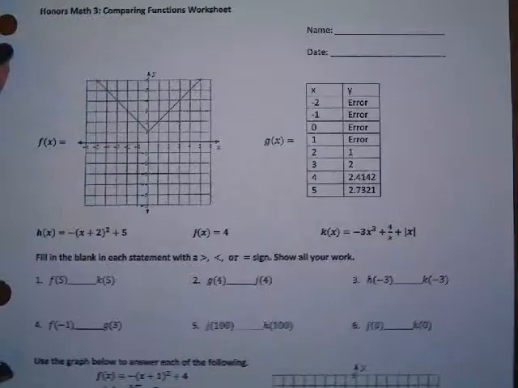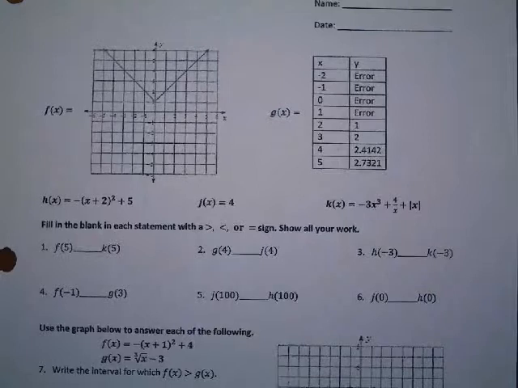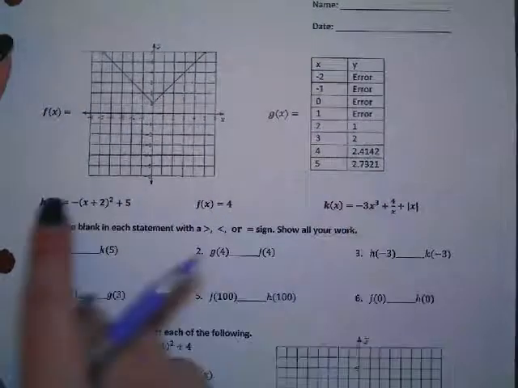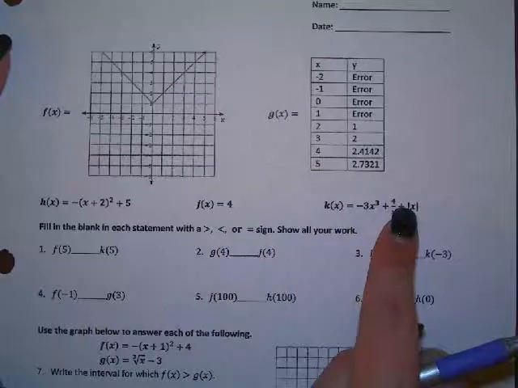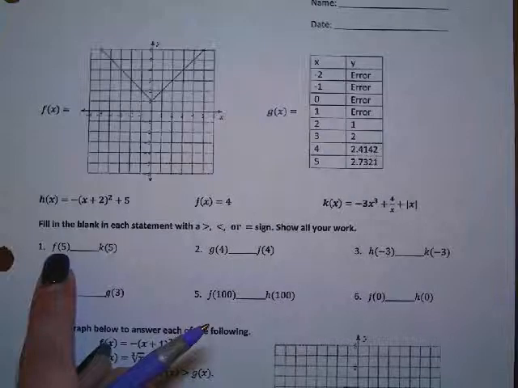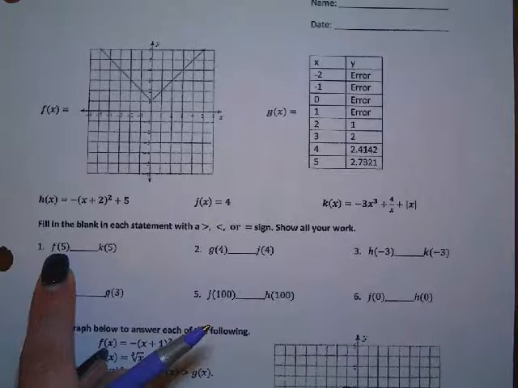Okay, so we are practicing comparing different functions. This function is given to us as a graph, this one's given to us as a table, and then these three are given to us as equations. So when they're asking you to find f of 5, they're telling you that the x-coordinate is 5, and they want you to find the y-coordinate.